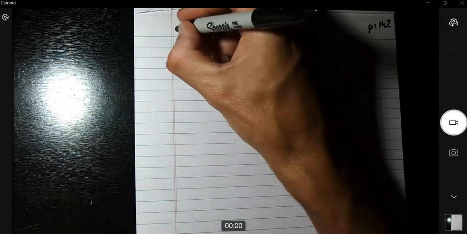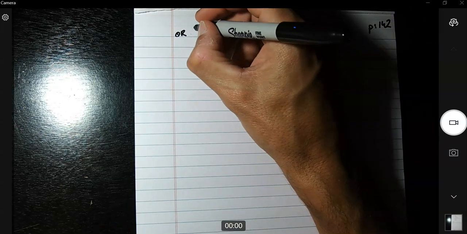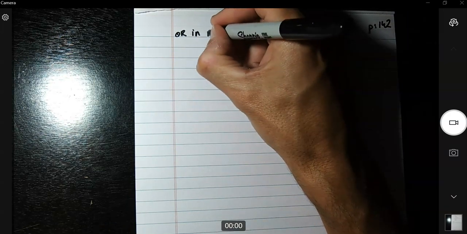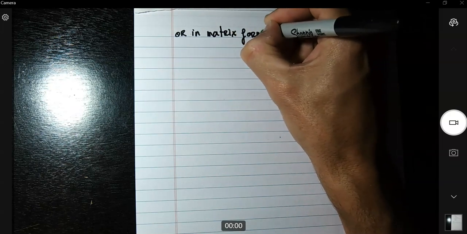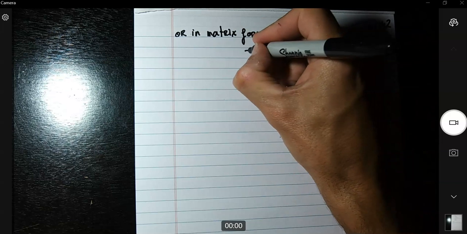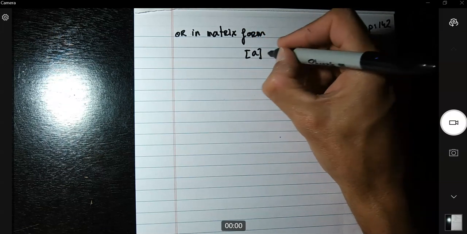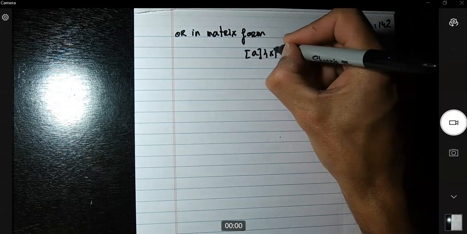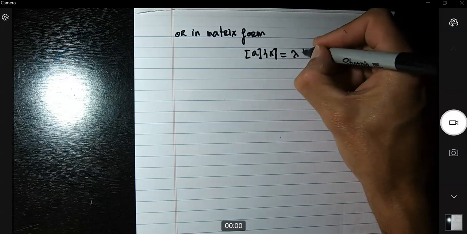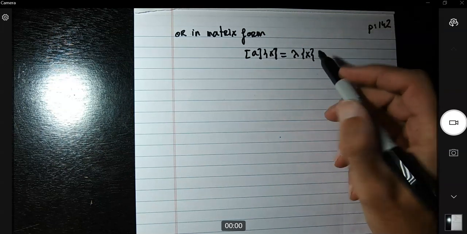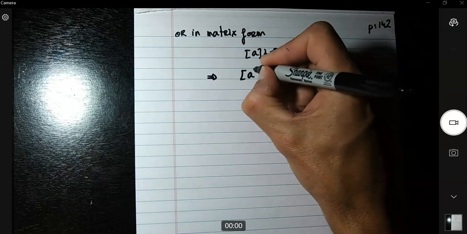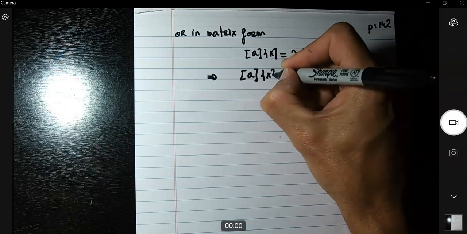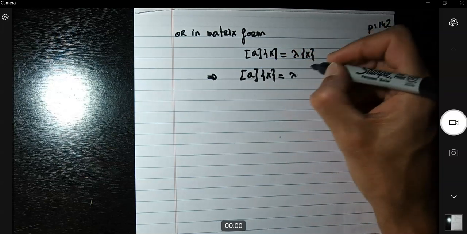All right, so we can rewrite in matrix form this equation here. I'm just going to rewrite it: A x equal to lambda x. This really is equal to A x, and here we only need to take the diagonals of this term.